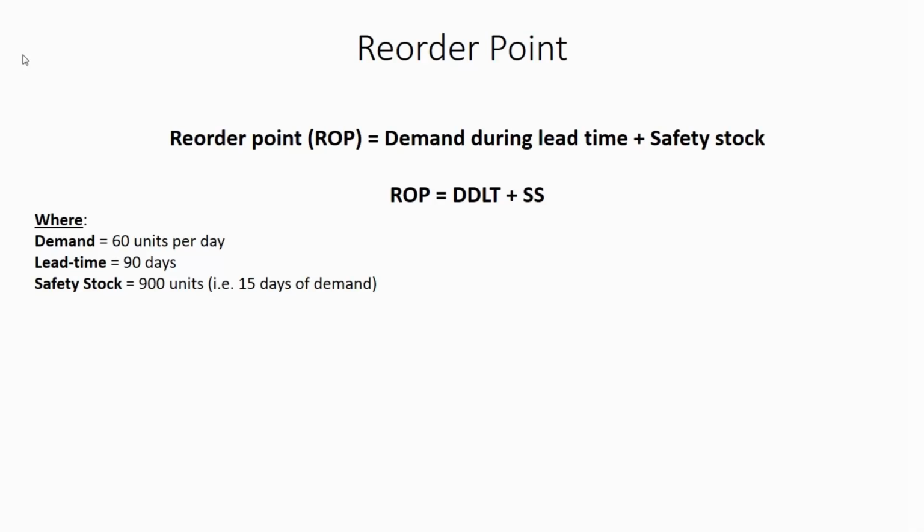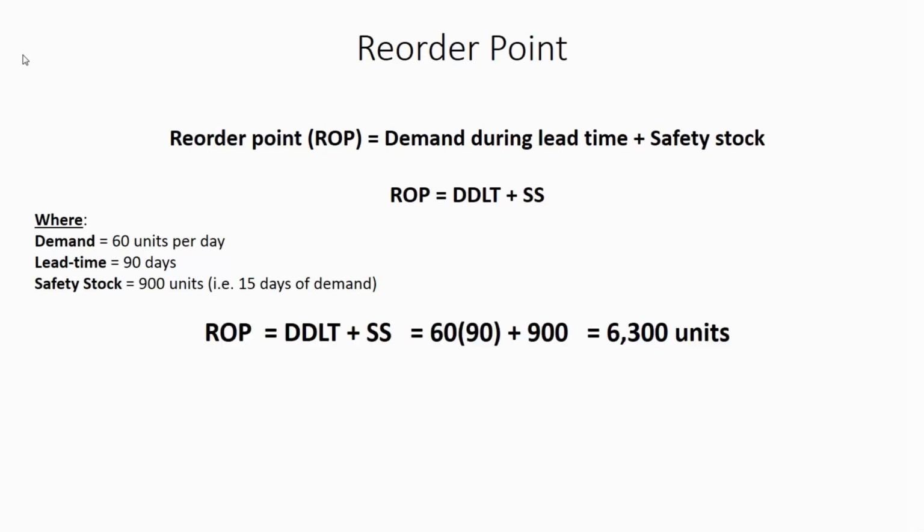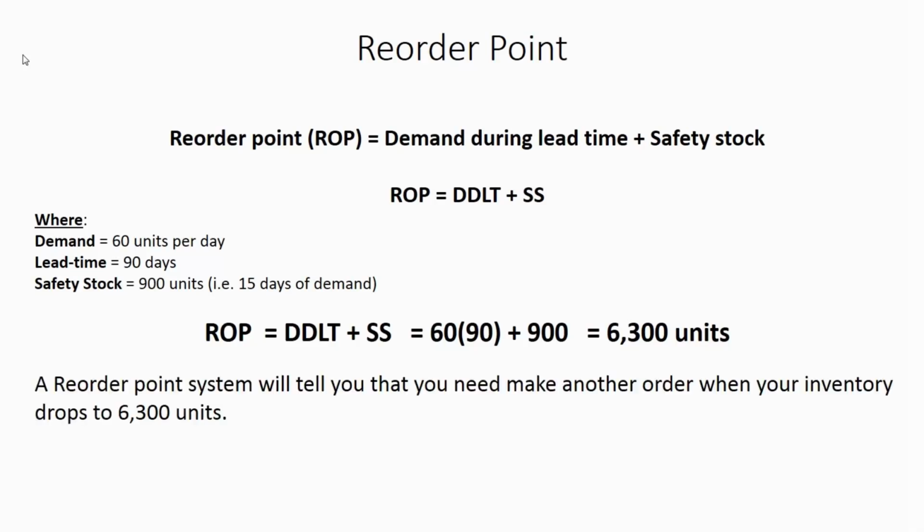So we're going to run this calculation as follows: 60 units per day times 90 days, plus 900, is 6,300 units. So what does that tell us? It tells us the reorder point for this product is when our available inventory hits 6,300 units.